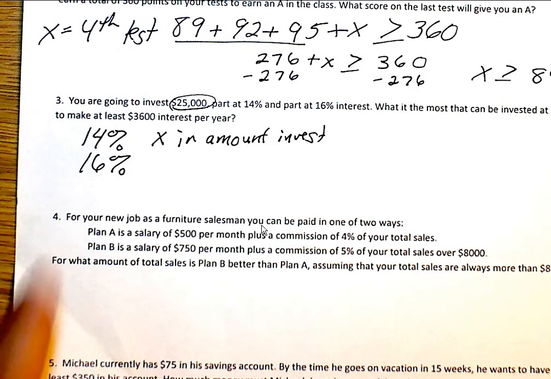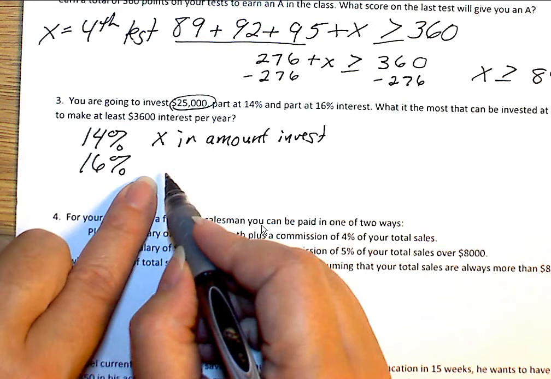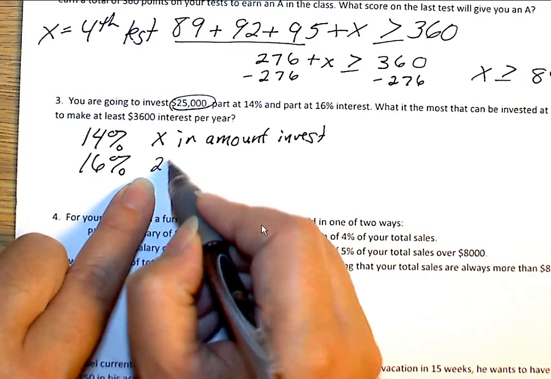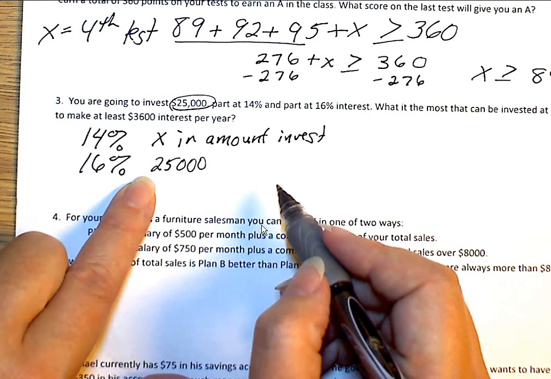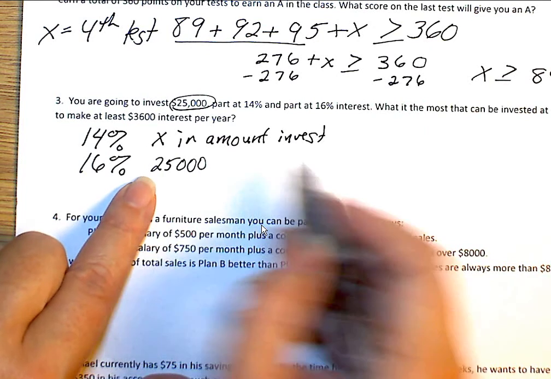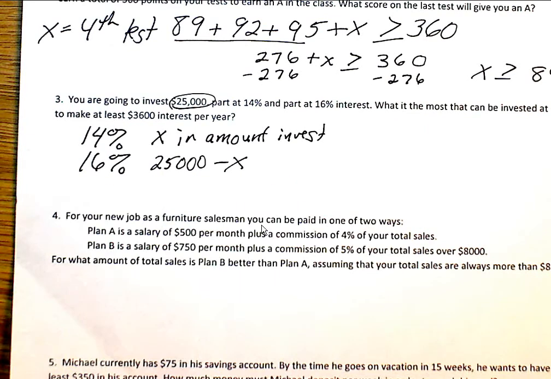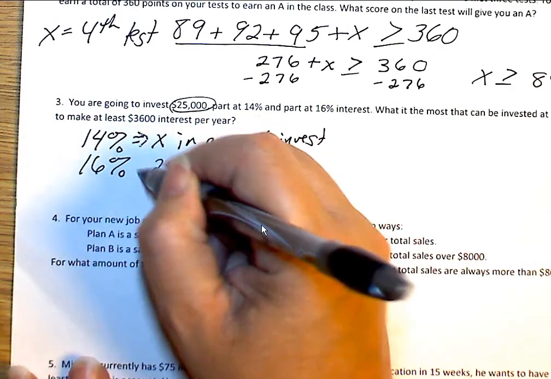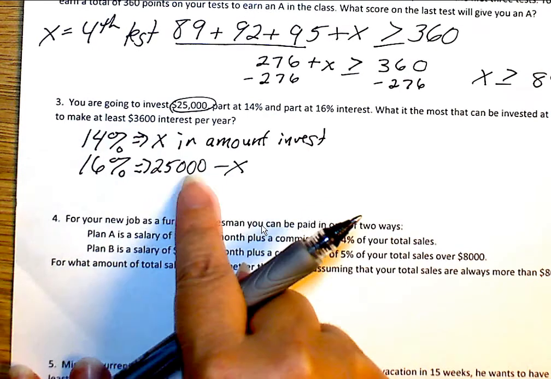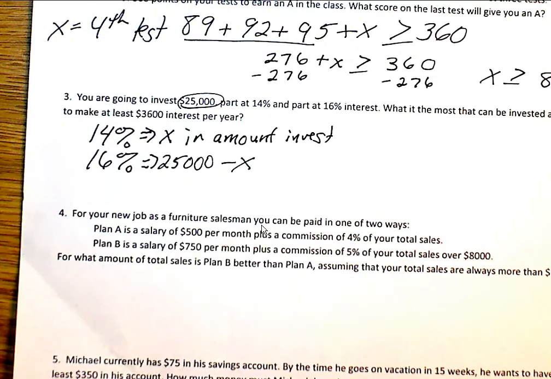So how much is left over here? 25,000 minus X. All right, so hopefully that makes sense. If we are investing X amount in your 14, then we are going to invest 25,000 minus the X for that.